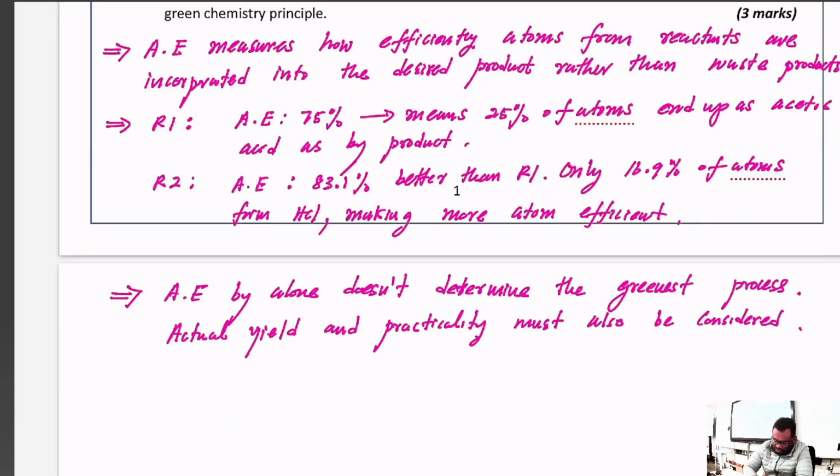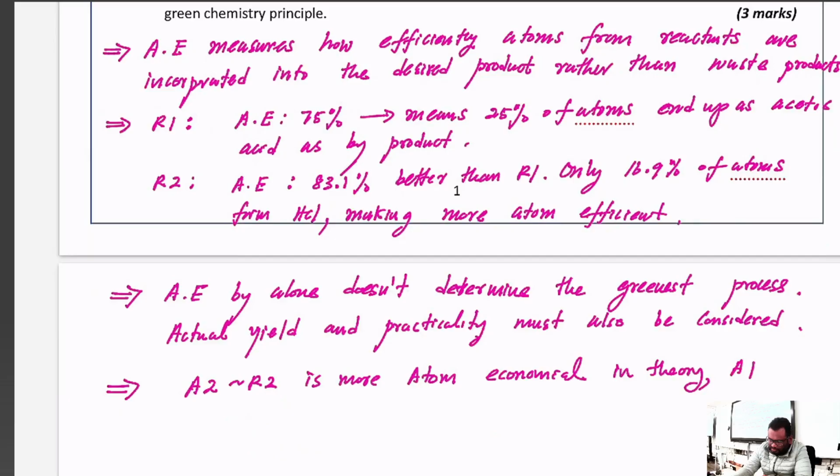Okay, so you conclude now. A2 or R2 is more atom economical in theory.